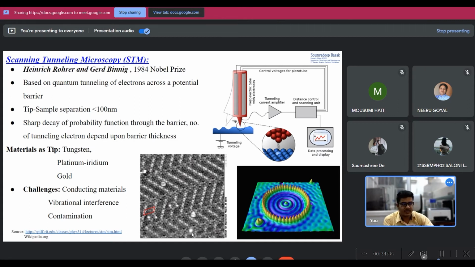We can also get the information, not a direct measurement of the particular kind of atoms, but the atomic arrangement we can get through this STM measurement. So you can see this regular arrangement of atoms, as well as certain bulky features. These are the defects in the sample.